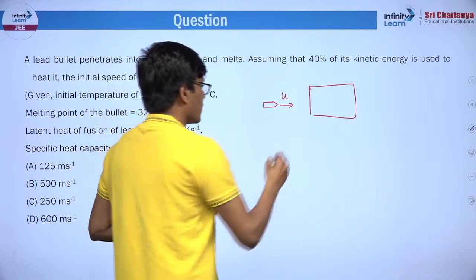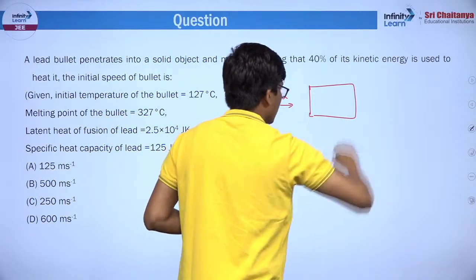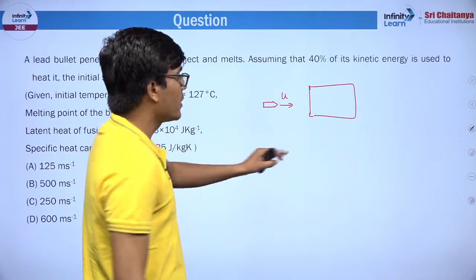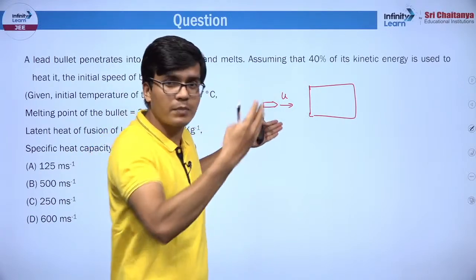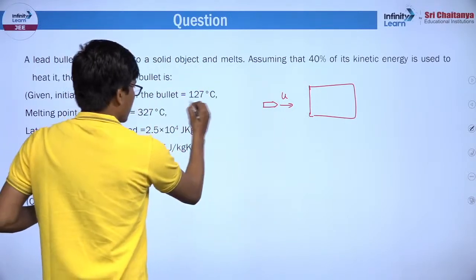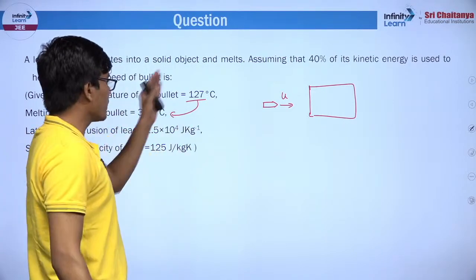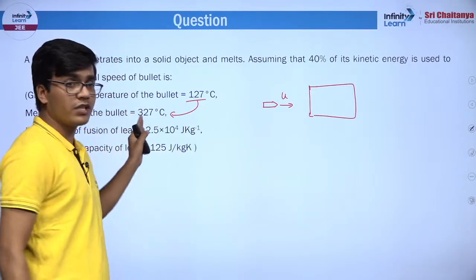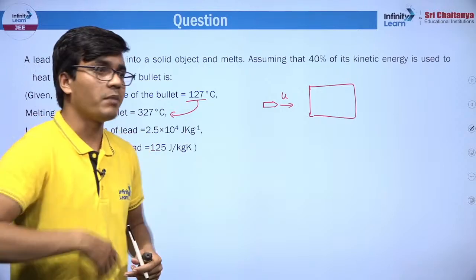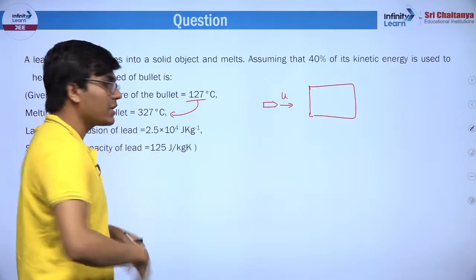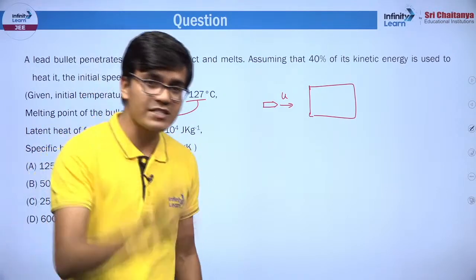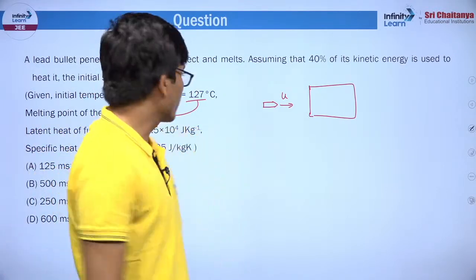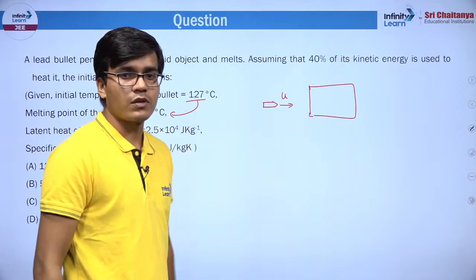But the condition given to you is that if it penetrates into any object, obviously there will be some heat loss, and due to that it will warm up, right? Its temperature is increased from 127 degree centigrade to 327 degree centigrade. And by chance 327 is the melting point of the bullet, meaning after reaching 327 degree it melts, right? So you have the melting point also, okay?